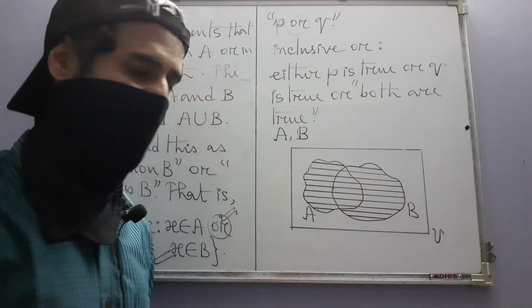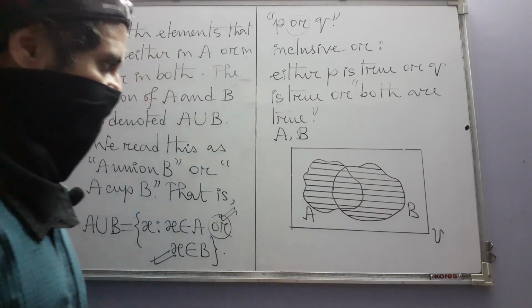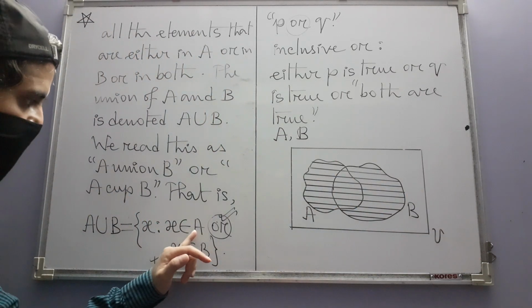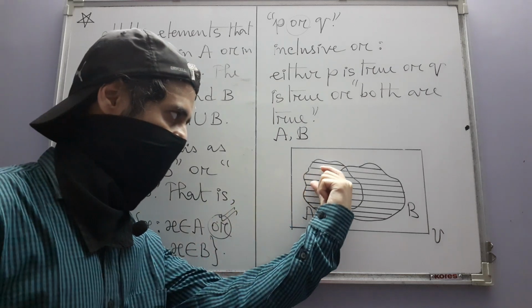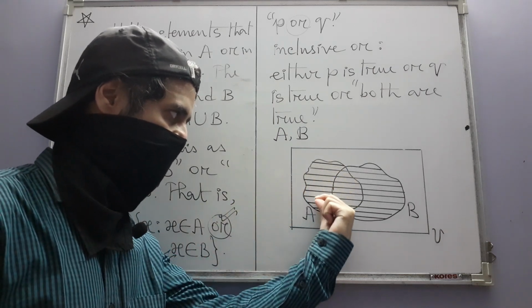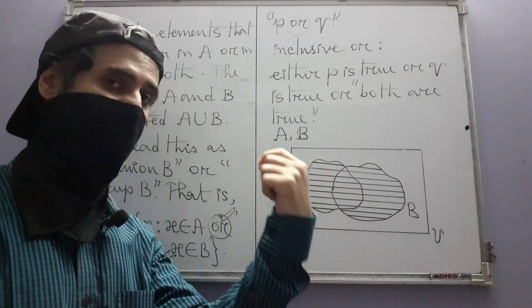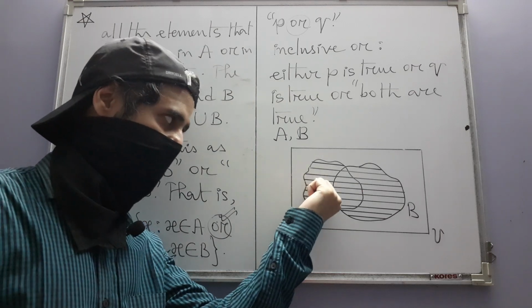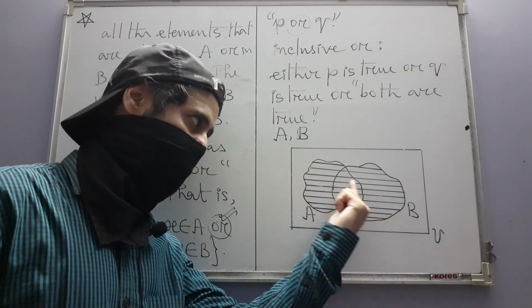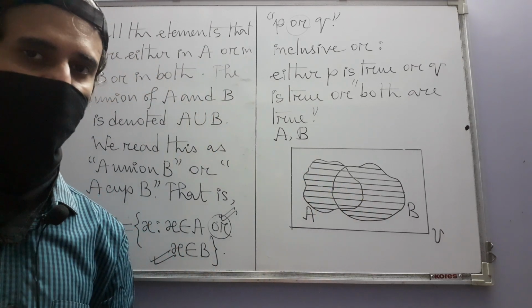This is the set A union B. It consists of those elements of A which will lie here. Those elements that either lie in A or in B or in both.